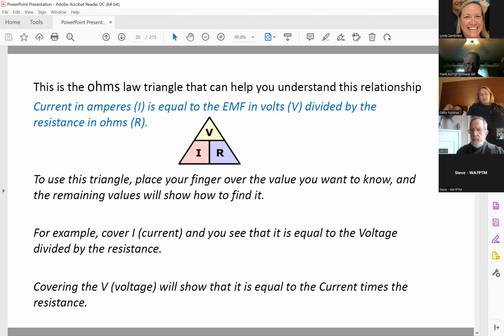So, unfortunately, what you're dealing with here is history. V, I, and R are what were used when they first started studying electricity, and why they used I, that's lost in the past. It's just tradition to use I for current.